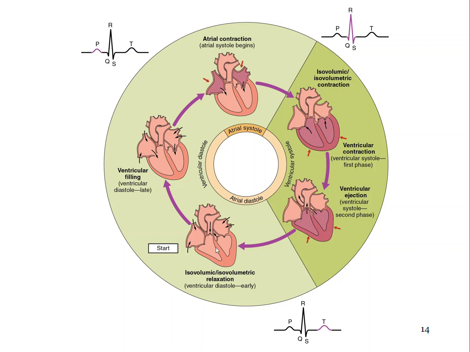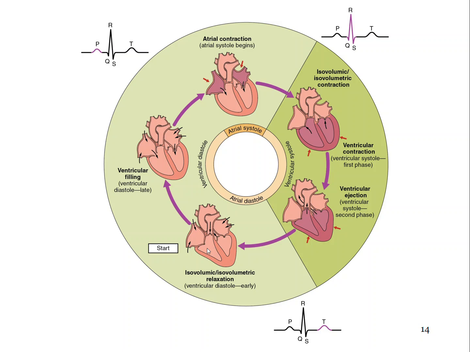During this time, the pressure inside this chamber is decreasing, but the volume is stable. The volume is not decreasing and not increasing. Remember, during isovolumic or isometric relaxation, which is the beginning of the diastole, the pressure inside both ventricles is decreasing very fast, but the volume is stable.